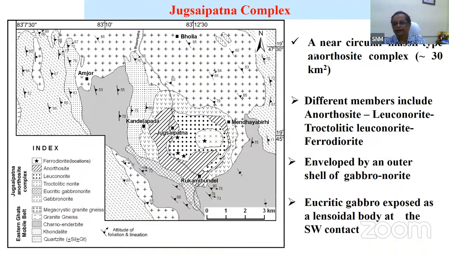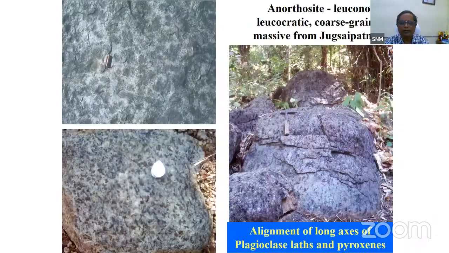Juksai Patna, as I already said, is also a semicircular body with anorthosite at the core, surrounded by a larger portion of leuconorites, basically leuconorites with a very small amount of leucogabbro.